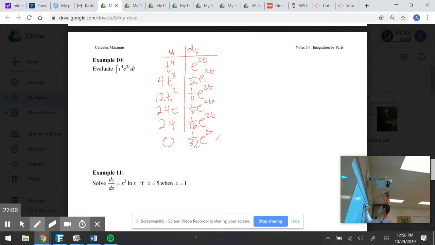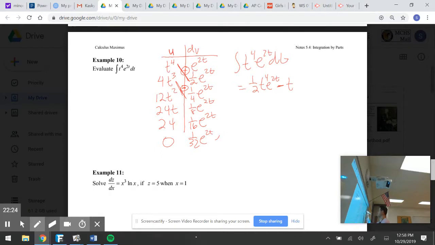So what the heck is the answer? The integral of t to the 4th e to the 2t dt is equal to, booyah, right? And then I'm going to multiply it by a +1. So that'd be 1/2 t to the 4th e to the 2t. Okay? And then it's this one, but I'm going to multiply it by a negative. So that'd be negative, and I think you guys can handle 4 and a 1/4 will give me a 1.